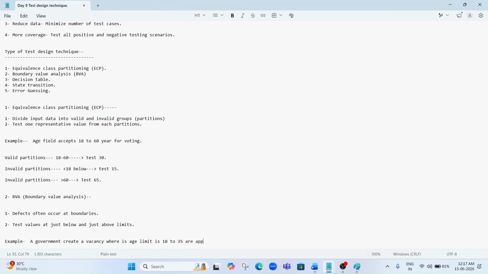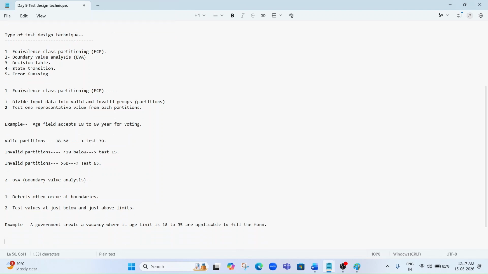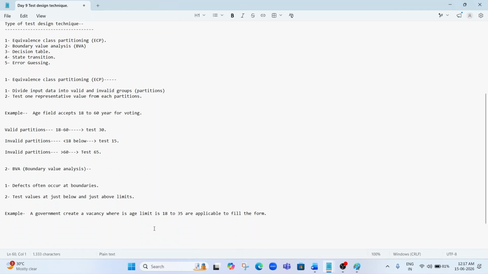Those aged 18 to 35 are applicable to fill the form. So the government creates a vacancy for a particular position, and the age limit is 18 to 35. As per boundary value analysis, we will set the boundaries. I'll show you the example for boundary value analysis.